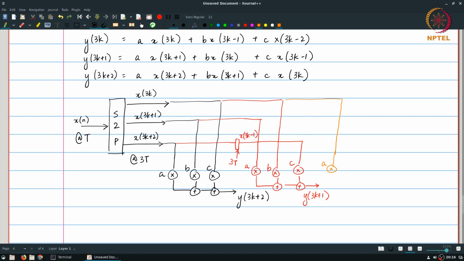So coming back to this, the 3k minus 1 gets multiplied by B, and in order to get 3k minus 2, I need to take my input x of 3k plus 1 minus 3, which basically is x of 3k minus 2. Add these together and what we end up with is y of 3k.